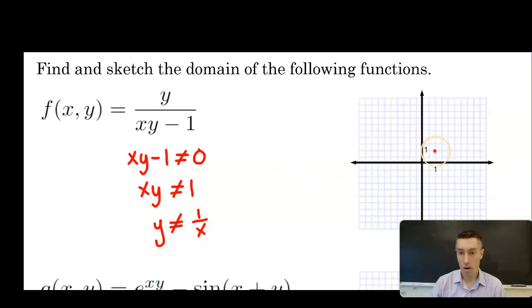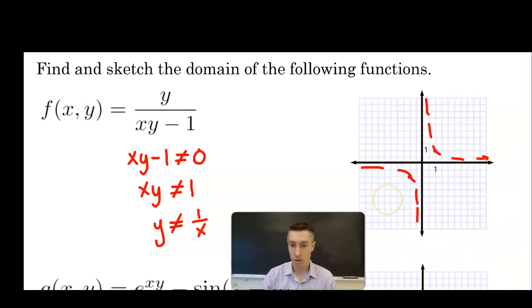So 1, 1, and negative 1. So every 2 boxes is 1 here, just to give us a little space to work. So we'll sketch in. So we can't be equal to the hyperbola, so the hyperbola will be a dashed line. Okay, so there's our dashed in hyperbola.